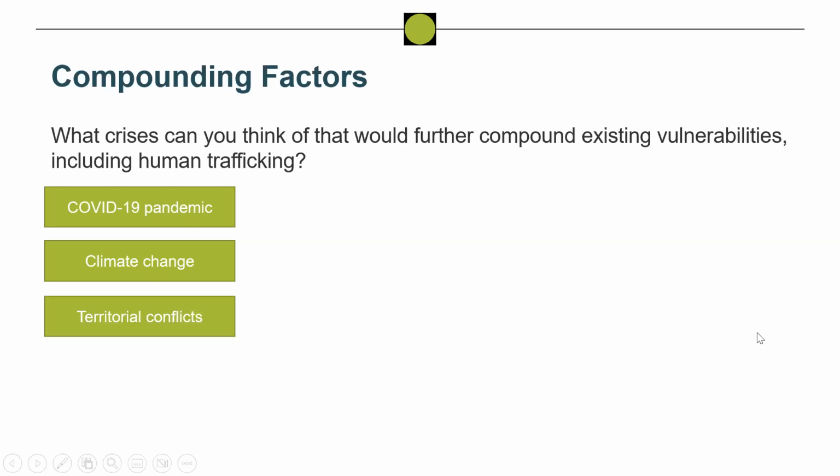Another factor could be conflicts. We have regional or internal conflicts or border conflicts in various countries. And this is where we see migration happening. People are displaced. People are looking for livelihoods. People lose livelihoods.